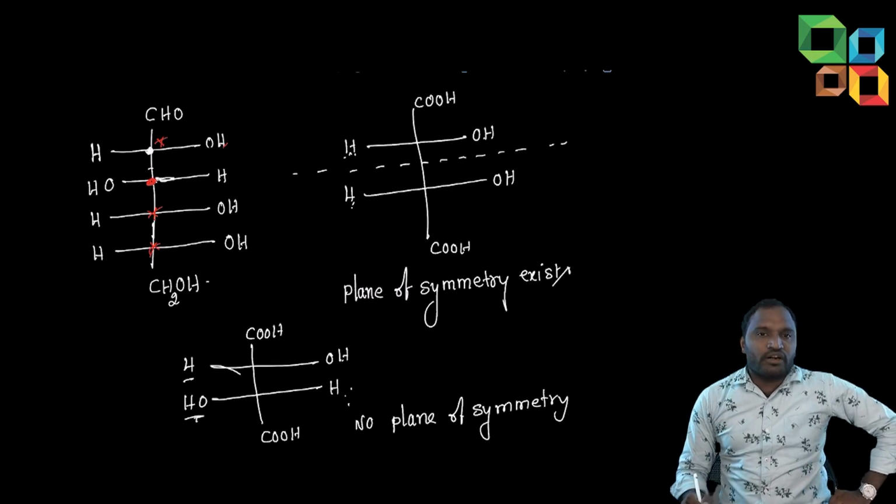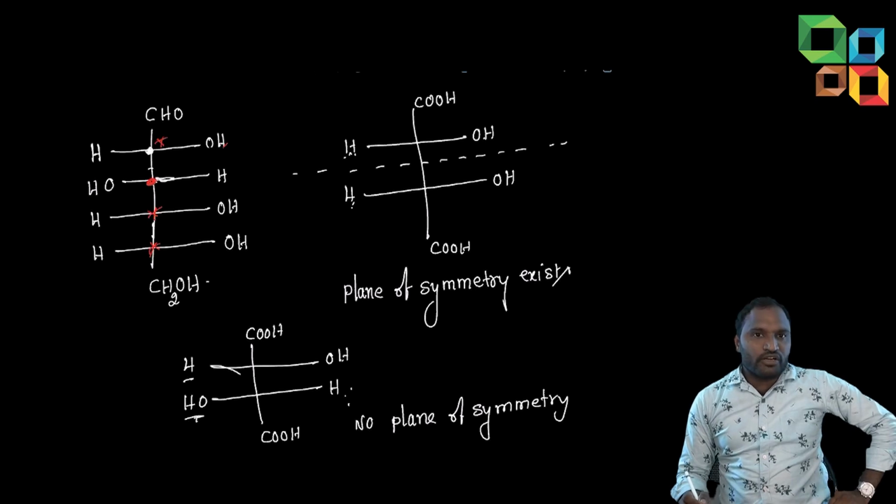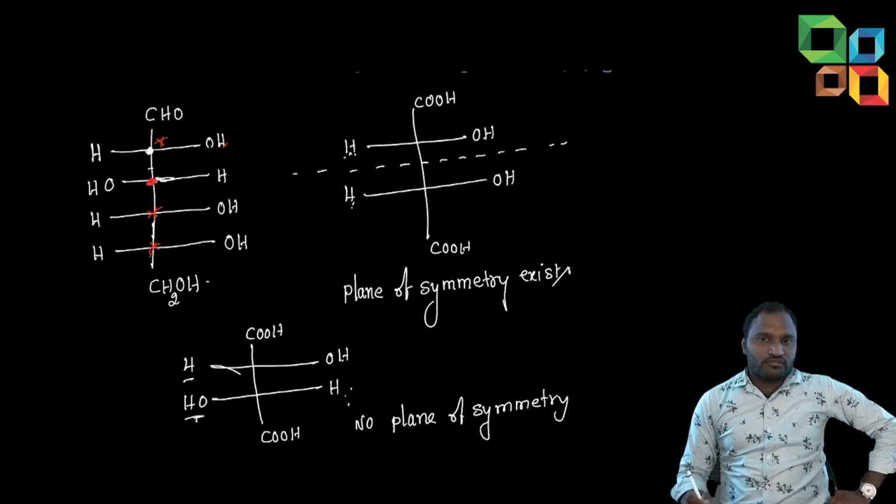Students, any doubt regarding plane of symmetry? If you have any doubts, tell me, yes. Otherwise, go to the next. Sir, I have a doubt about the benzene ring. In the textbook, it's given like a hexagon with a circle inside it.